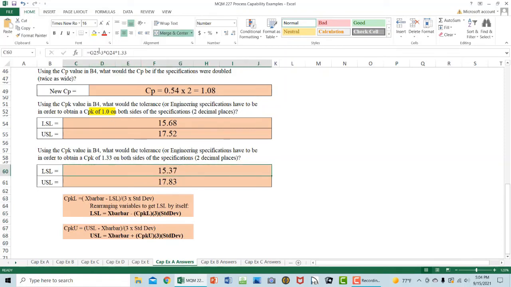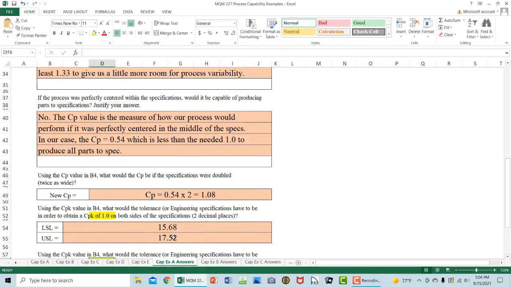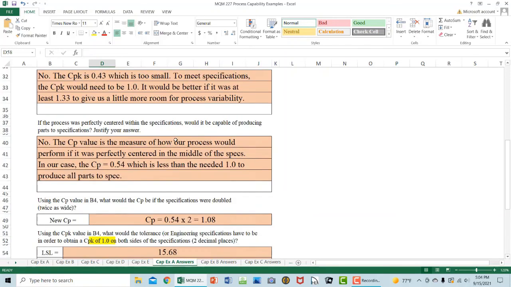You see, I have the 1.33. I just didn't put it where it's supposed to be. I just kind of put it on the end. And for the other side of the specification limit, desiring a CPK of 1.33, you would say X bar bar plus 1.33 times 3 times standard deviation, which we said was 0.31.